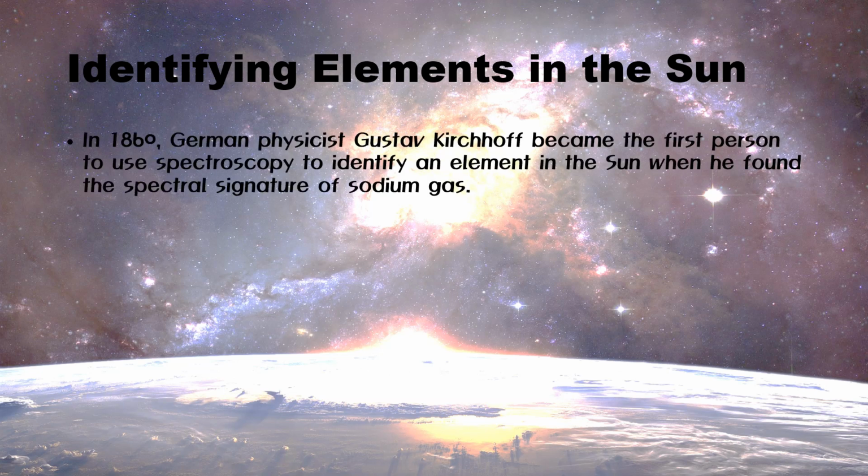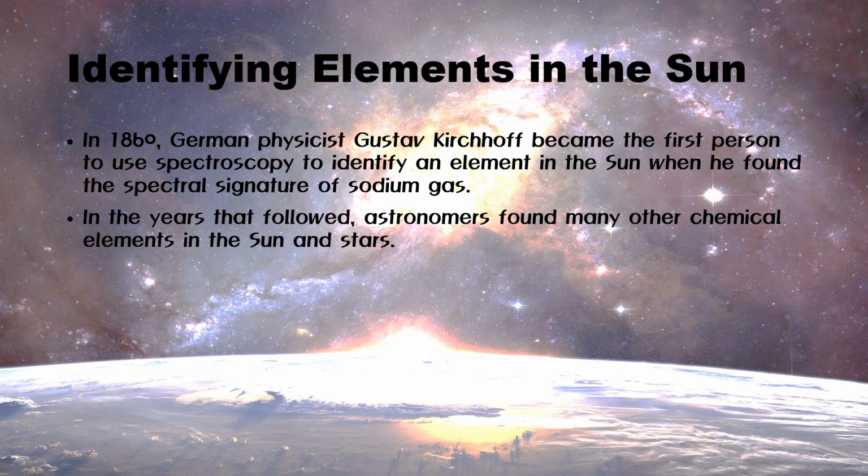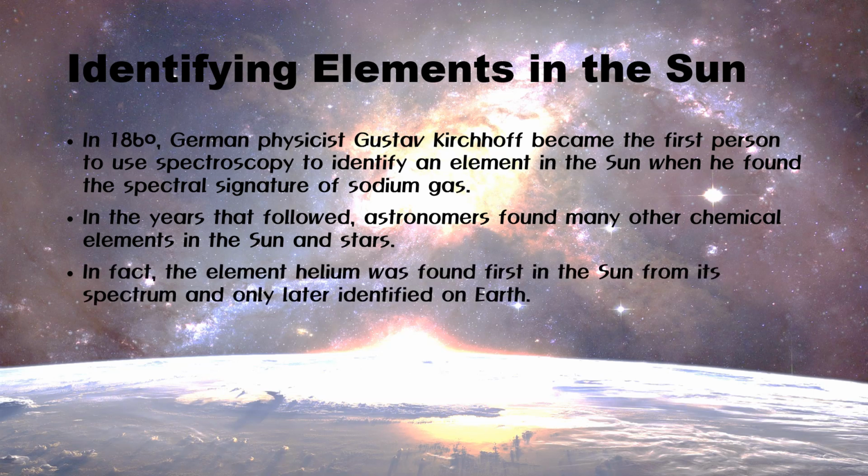In 1860, German physicist Gustav Kirchhoff became the first person to use spectroscopy to identify an element in the sun when he found the spectral signature of sodium gas. In the years that followed, astronomers have found many other chemical elements in the sun and stars. In fact, the element helium was found first in the sun from its spectrum and only later identified on Earth.